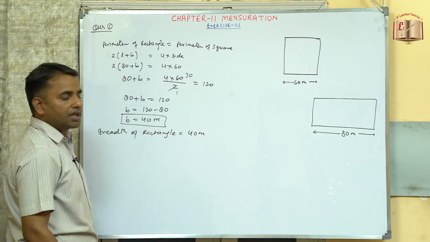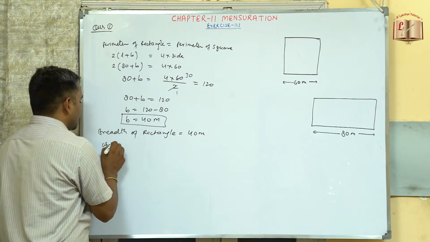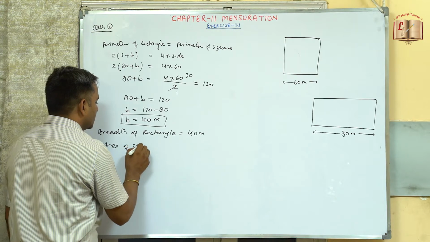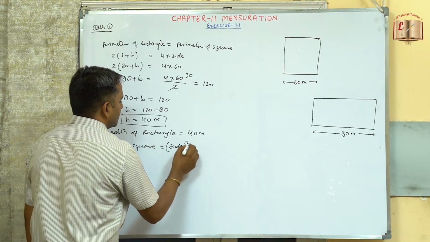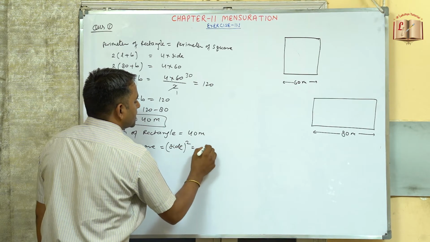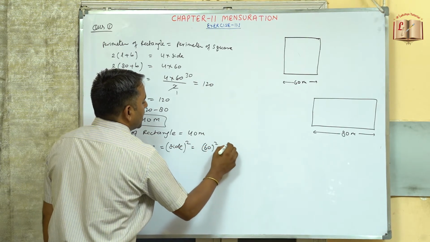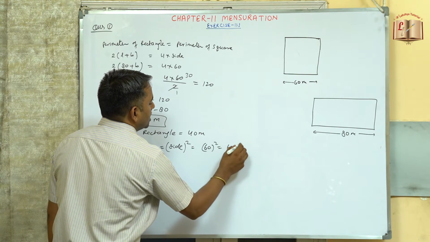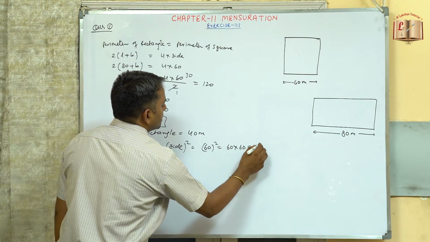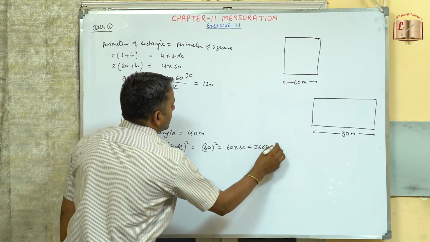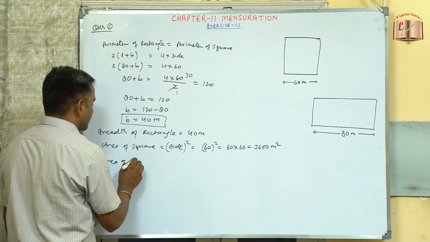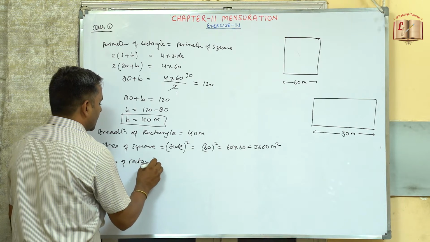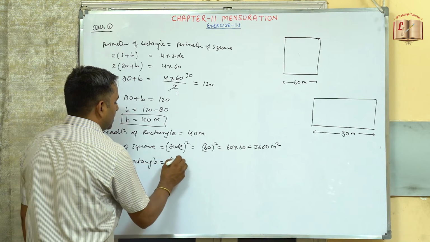Now we can find out the area. So area of square, this is equals to now side square. So side is already given 60, make 60 square, so this will be now 60 into 60, so this is 3600 meter square. Similarly, we will find the area of rectangle. So area of rectangle, this is given by length into width.